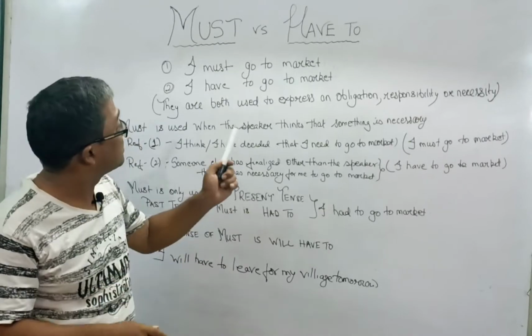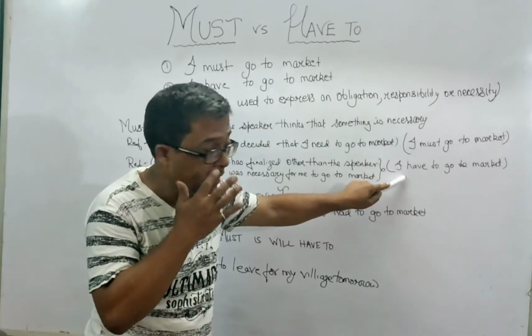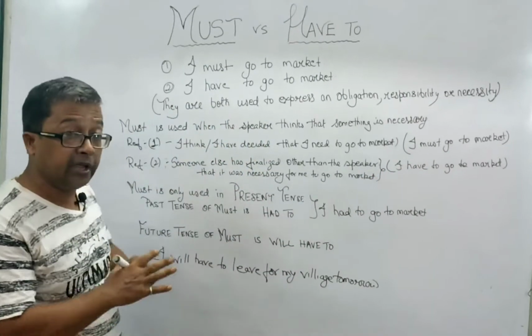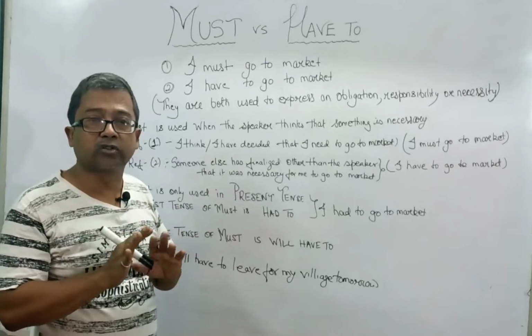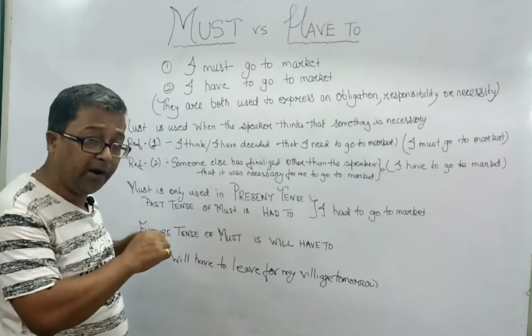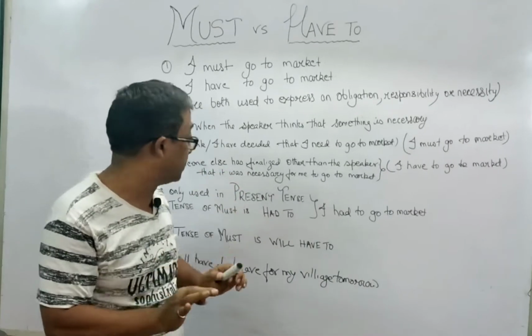Take the second sentence, I have to go to market. Now, what is the difference here? Here, the speaker does not think that it is necessary to go to the market, but someone else other than the speaker has finalized it.